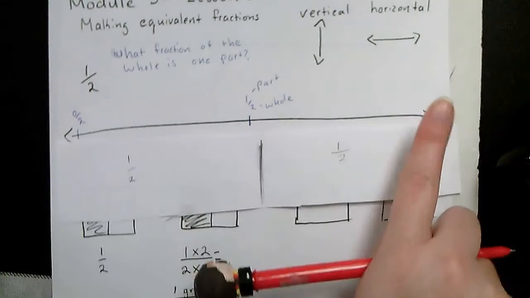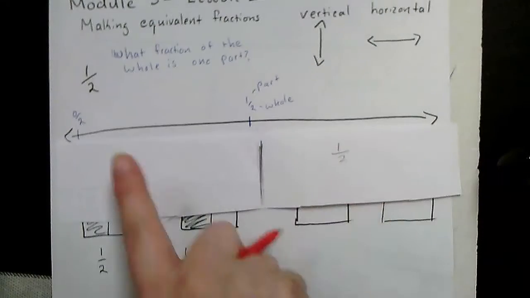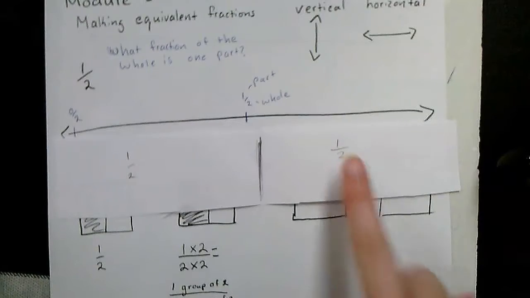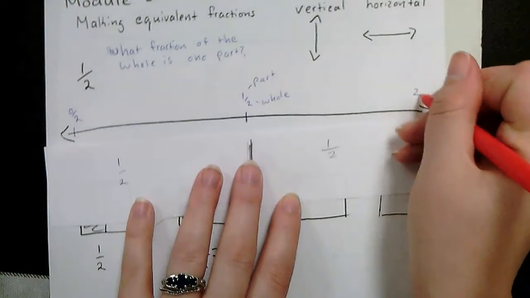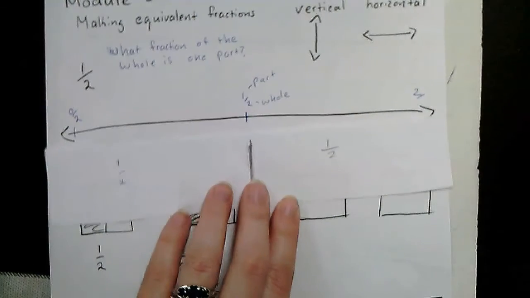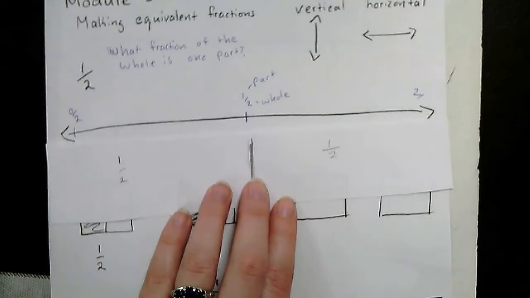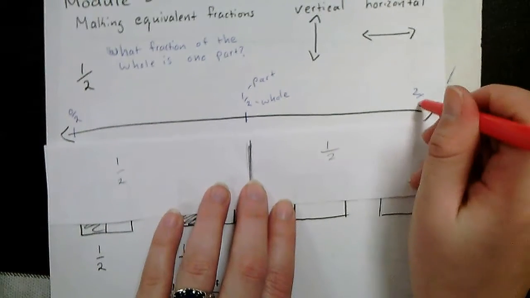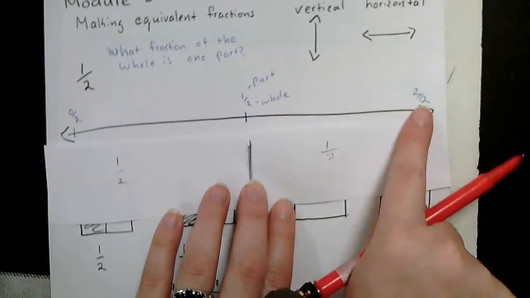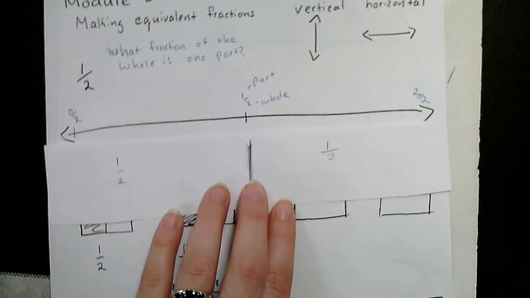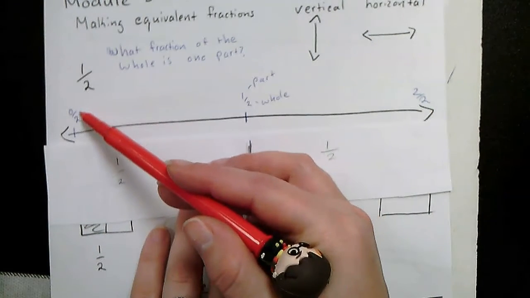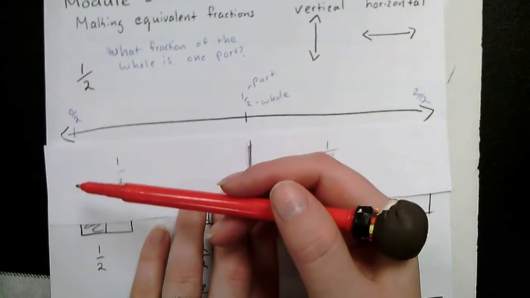Now for this part over here, this is where it might get a little bit tricky. To get all the way over here on my number line, I need 2 parts, or 2 of my halves, to create my whole. So I need 2 parts to make my whole, and my whole is 2 pieces. So just to re-explain, the beginning of my number line usually is going to start with a 0.